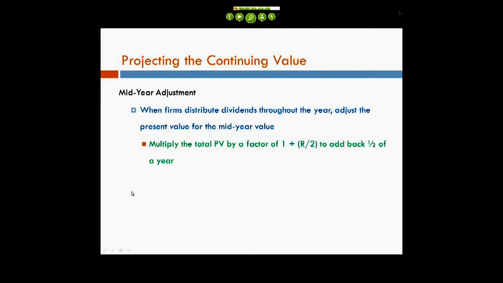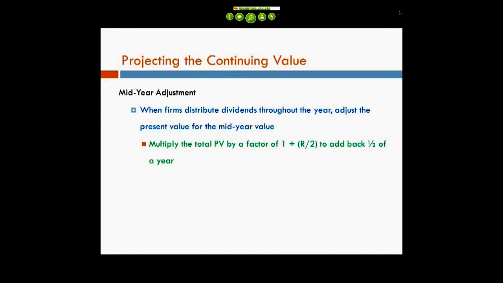And one more thing, because it's never enough, right? This calculates it for the beginning of the year. You need a mid-year adjustment. So you just multiply it by a factor of 1 plus 1/2 the required rate of return. So the required rate of return was 0.07.